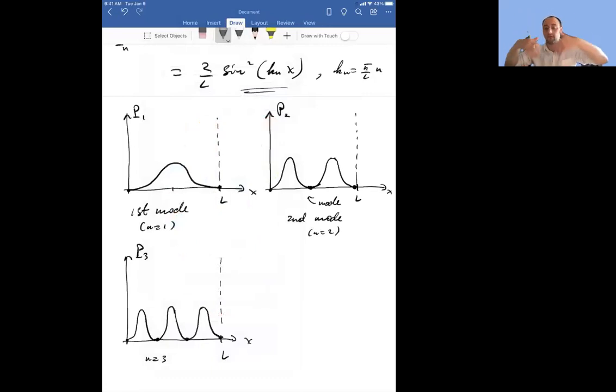And if you have an ensemble of particles, each having energy E1, and you just measure the position of each one. You measure the position of the first, you measure the position of the second, you measure the position of the third. Each time you measure, you record. So you don't remeasure the position of the same particle.